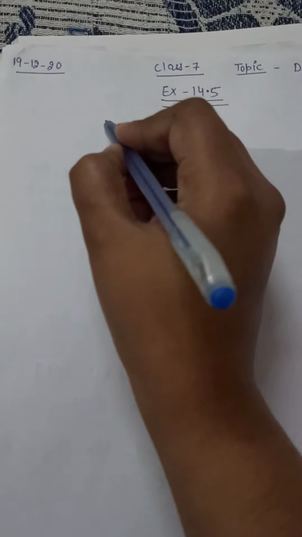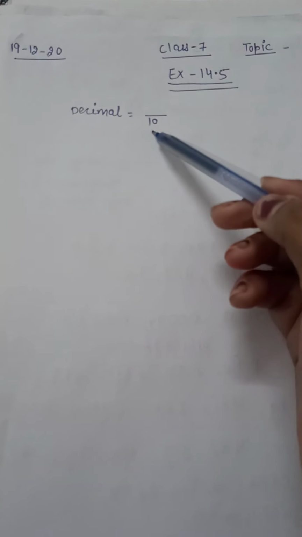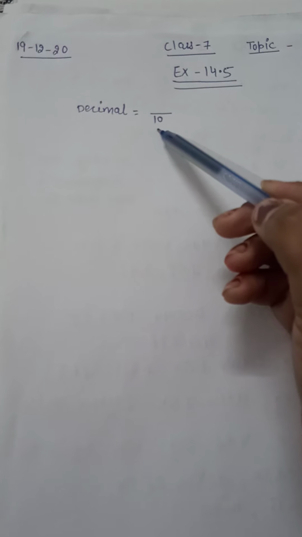And everyone knows decimal means any number with the power of 10 as the denominator. Right? Decimal means any denominator number in the power with base 10.